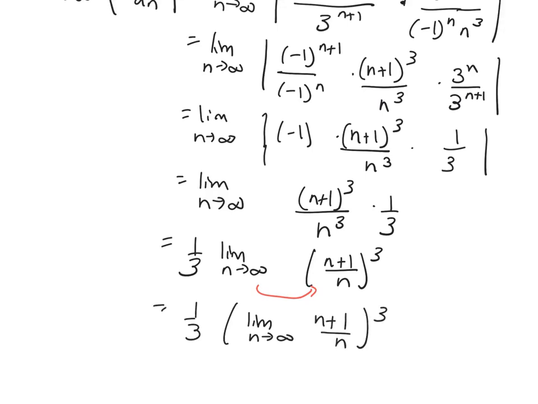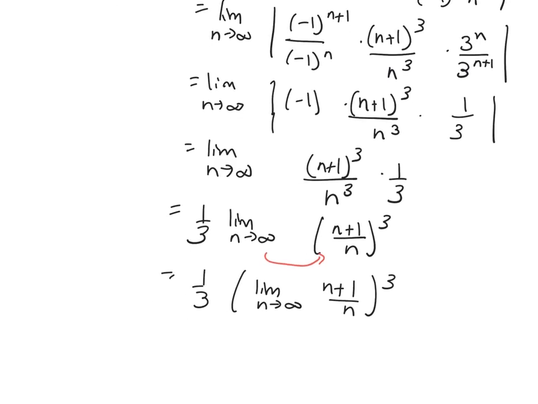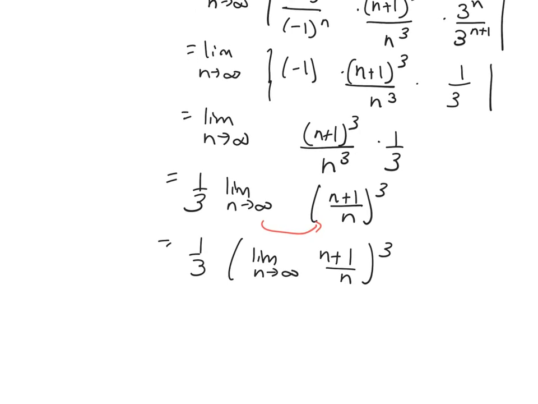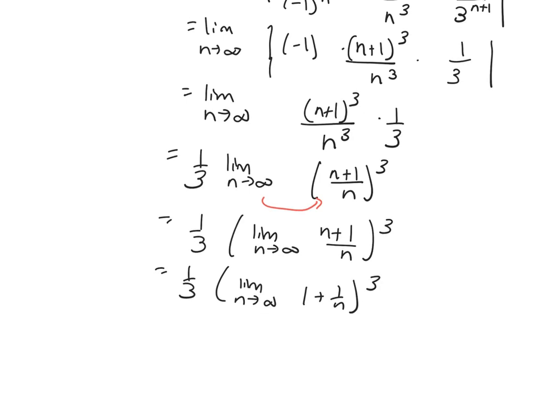And what's that limit inside going to be? Infinity over infinity, so you'd use L'Hopital's rule, right? It's going to be 1. You could also divide if you want, because the denominator has one term. You can split it up with 1 plus 1 over n. But that limit is going to be 1. So I'm getting 1/3. 1 cubed is 1.